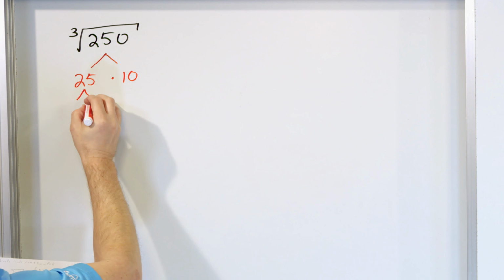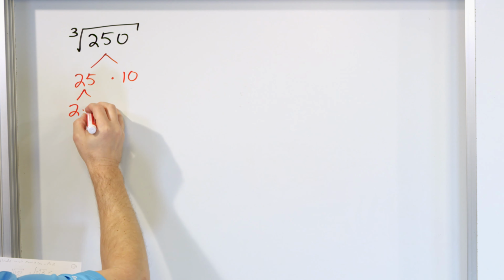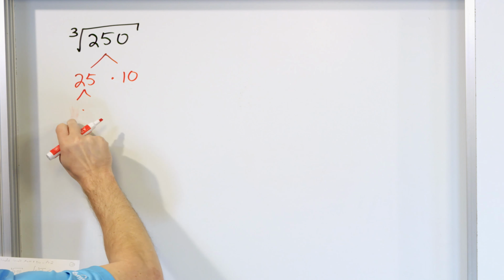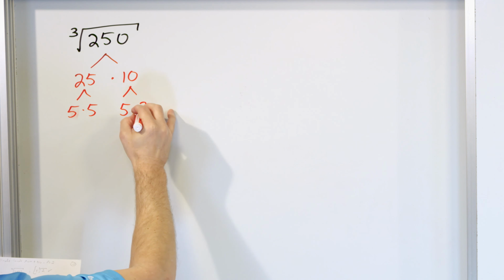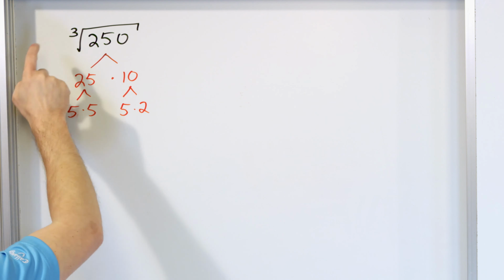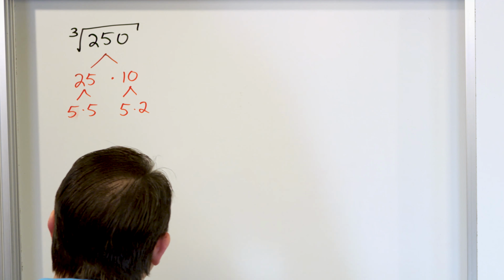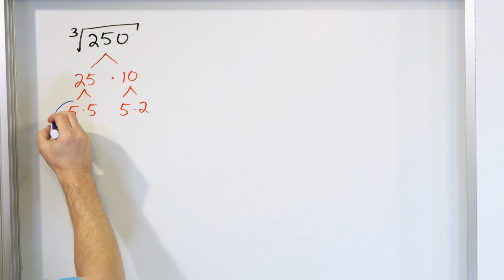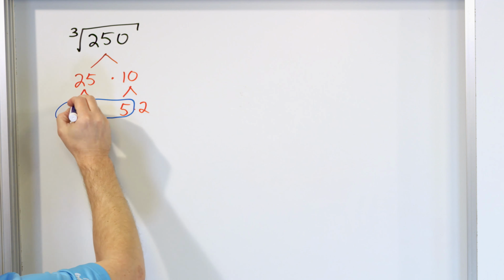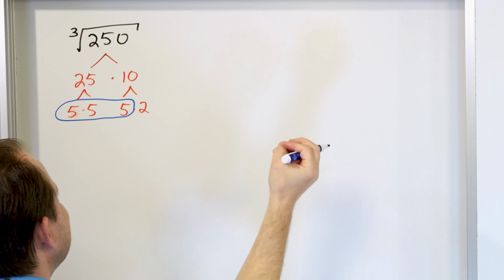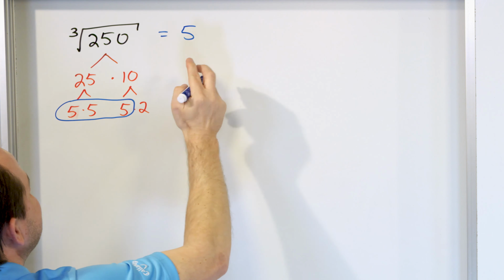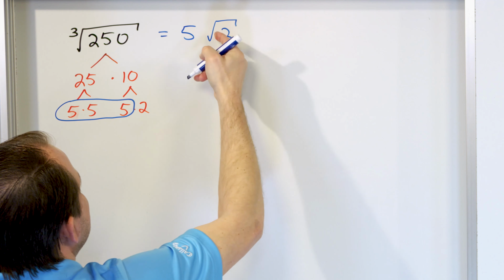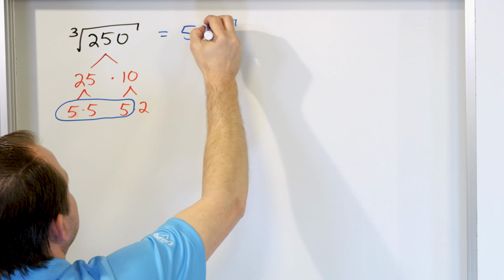And we know that 25 can be written as 5 times 5, and 10 can be written as 5 times 2. So because this is a cube root, we're not looking for pairs, we're actually looking for triplets of numbers in the factor tree. So this is a triplet of 5s. But again, it only counts one time, so when we pull it out, a single 5 comes out. The 2 stays under the radical, but it's not a square root. It has to match what we started with, so it's a cube root.